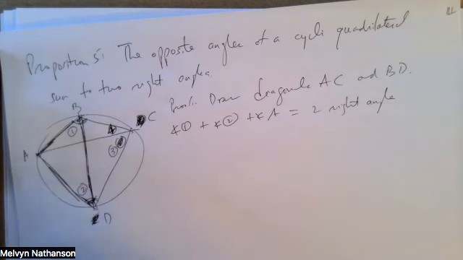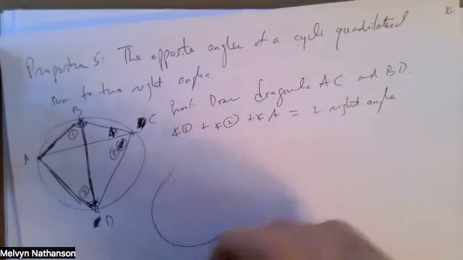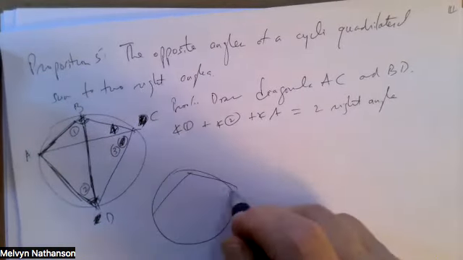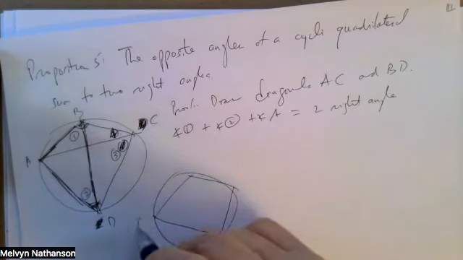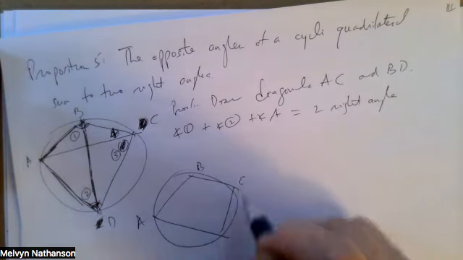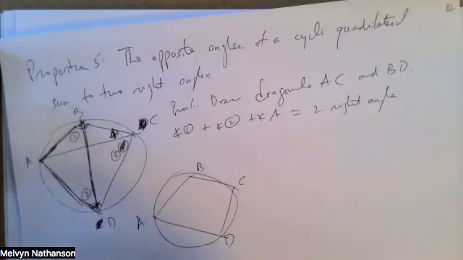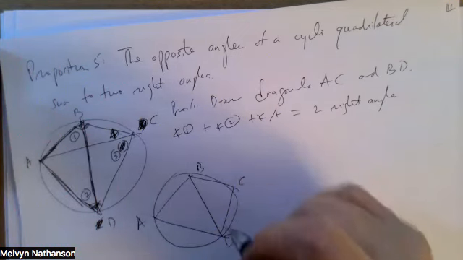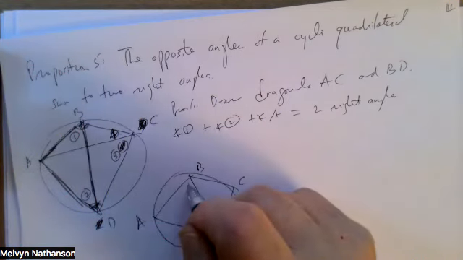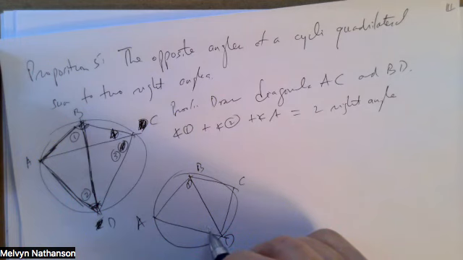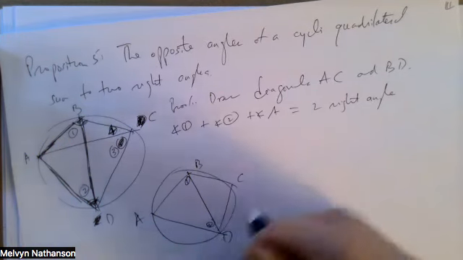Okay. Let me draw this picture again. This is A, B, C, D. And I draw this diagonal, call this angle 1, and this 2.